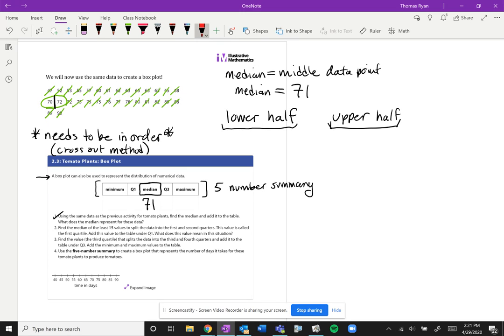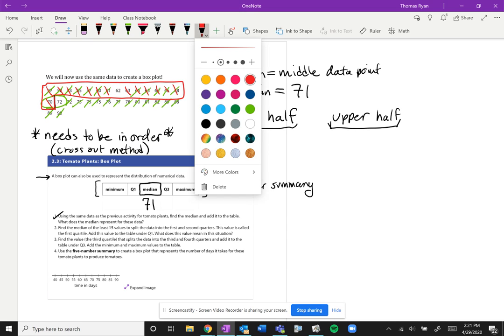Let's look at the lower half. So we're only focusing on the lower half of data. And we're going to use the same strategy. We're going to use our crossout method to find the middle of the lower half. Low, high, left, right, left, right, and so on. So we ended on our median there. Whoops, let's put this back.